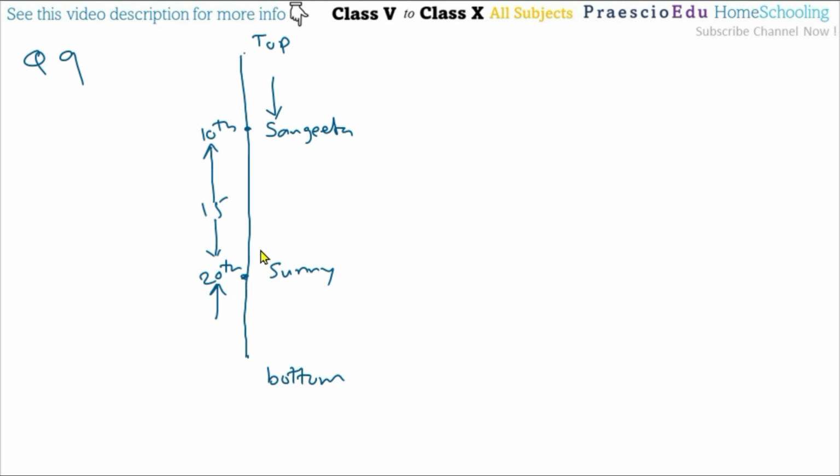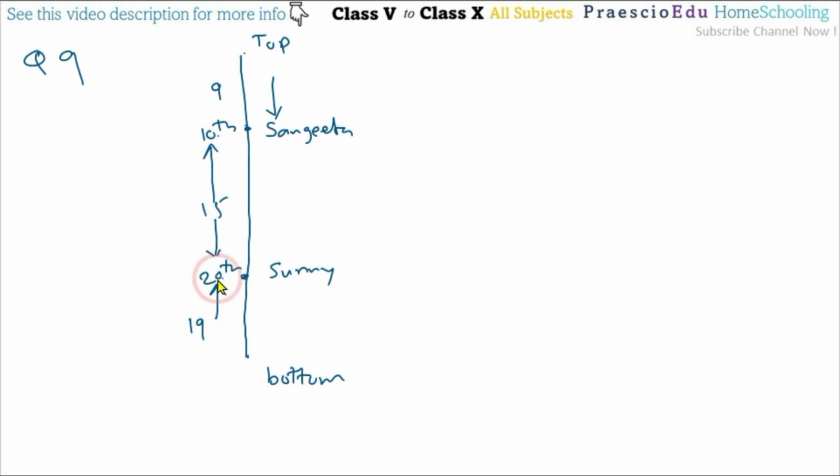Now find the total number of students in the attendance register. Sangeeta is 10th, so there are 9 students before Sangeeta. Sunny is 20th from the end, so after Sunny till the end, there are 19 students.